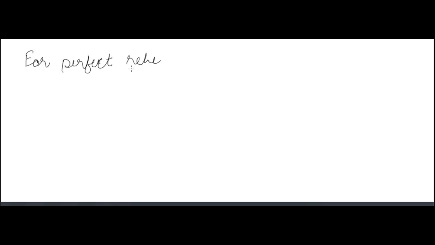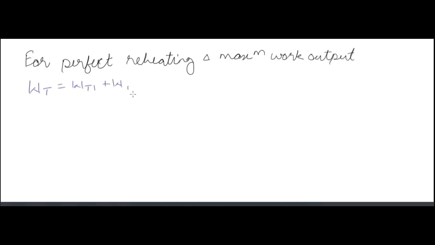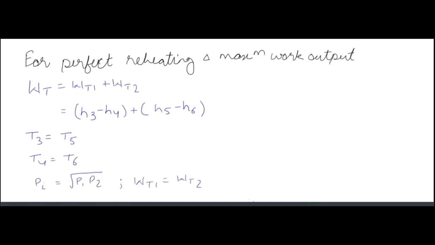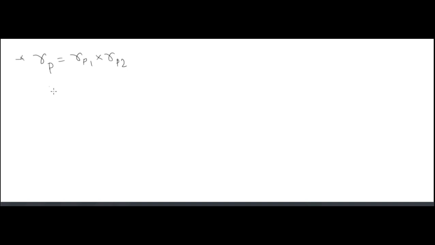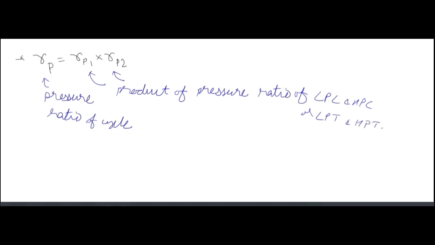Once again, for perfect reheating and maximum work output, as it was in perfect intercooling where both compressors were doing the same work, both turbines will do the same work, the inlet and outlet temperatures of both turbines are equal, and the pressure ratio for both turbines is equal. Now in perfect intercooling and perfect reheating, the pressure ratio was equal.